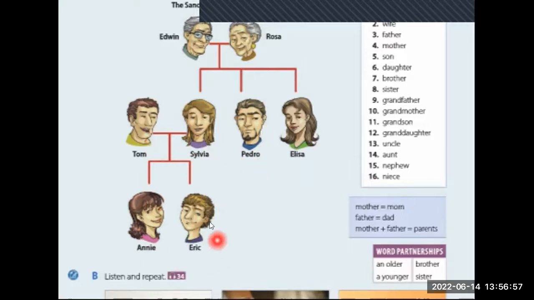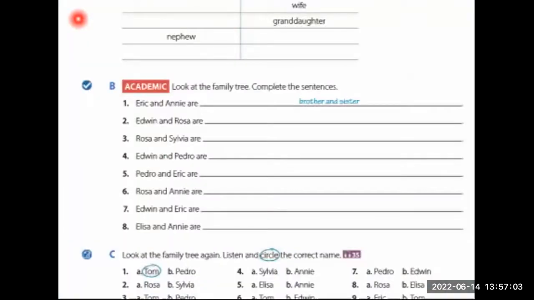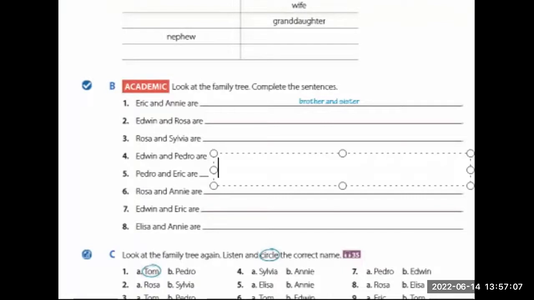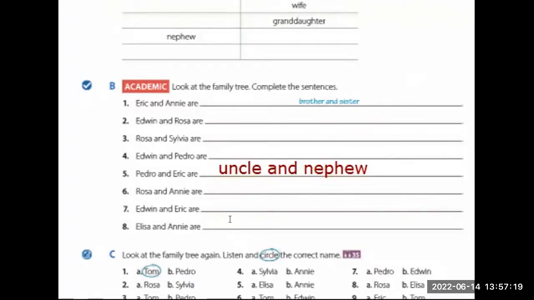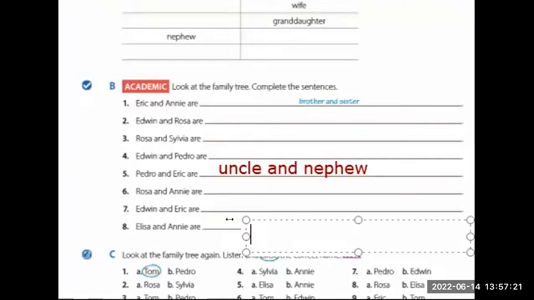So Pedro and Eric, uncle and nephew. Let's fill that in. Pedro and Eric are uncle and nephew. Okay.